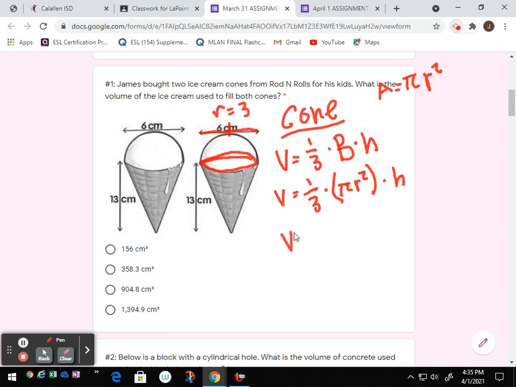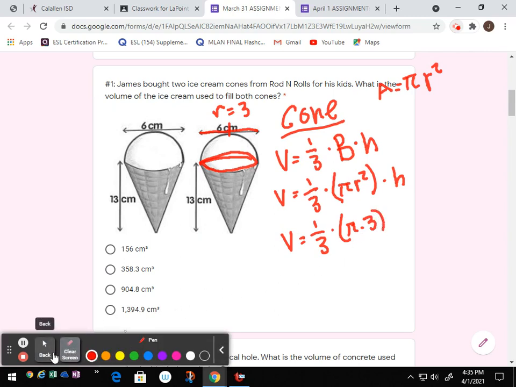So we have volume is equal to 1/3 times pi times 3 squared, times the height. We have to find the height of our cone now. If we're talking about just the cone, we want to know what goes from here all the way down to the bottom, which we can see is 13. So times 13.